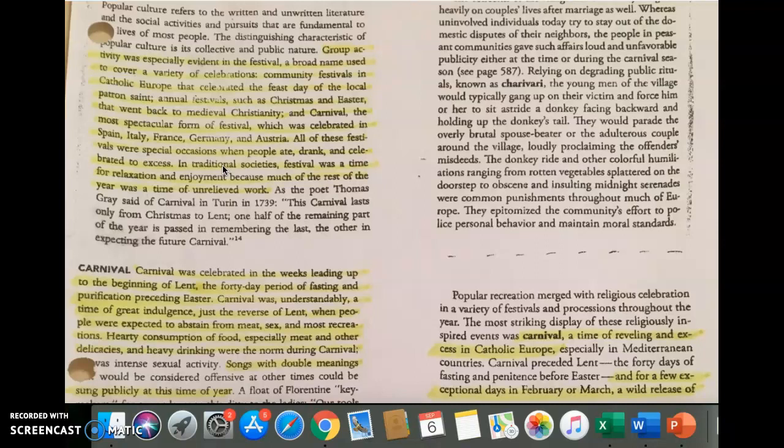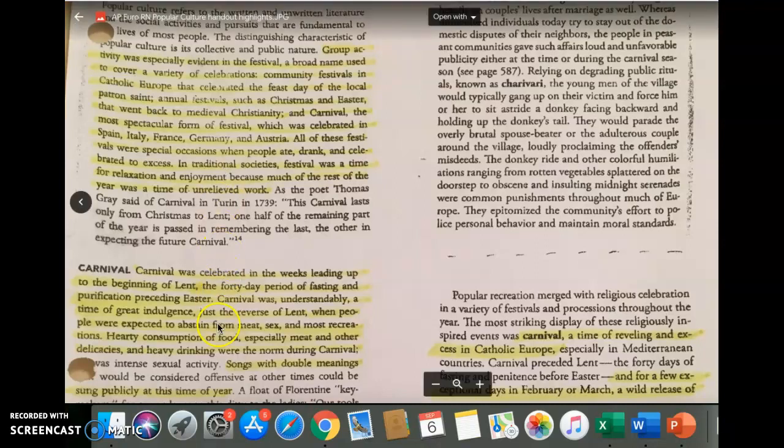All of these festivals were special occasions when people ate, drank, and celebrated to excess. In traditional societies, festival was a time for relaxation and enjoyment because much of the rest of the year was a time of unrelieved work. So really they can just kind of let loose and have some fun.